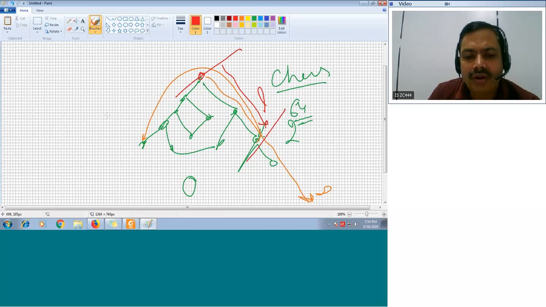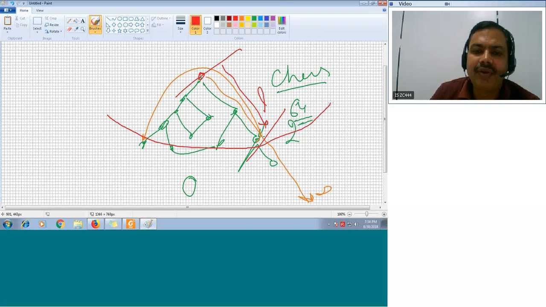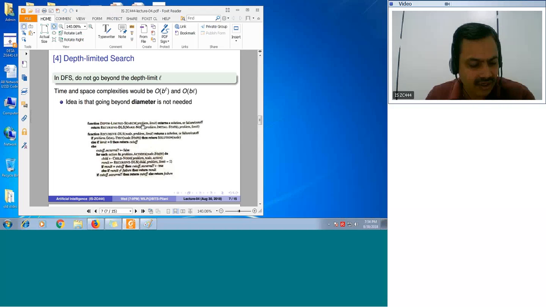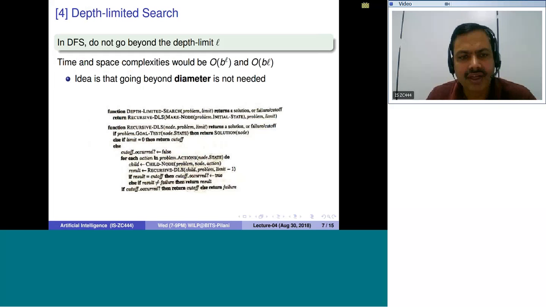This is a modification of DFS, and it is called depth limited search. Are you with me? Do you understand why we have applied this, why we modified DFS so that you don't go all the way down and you stop somewhere?